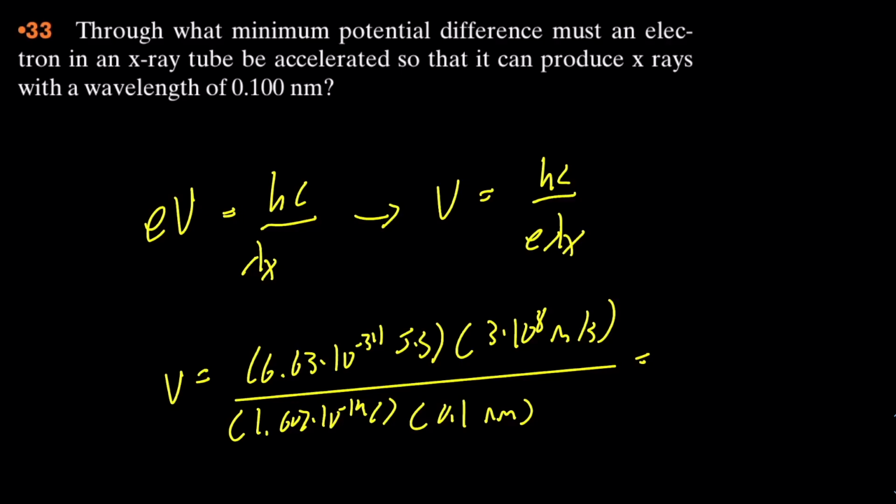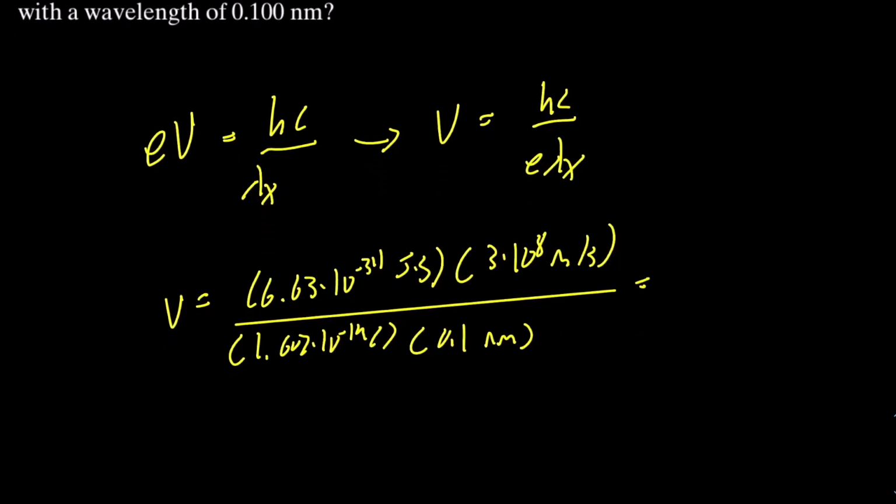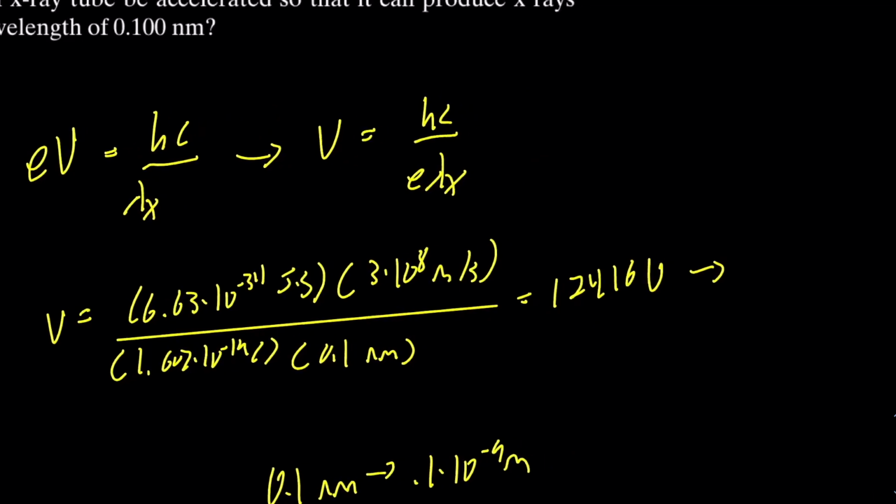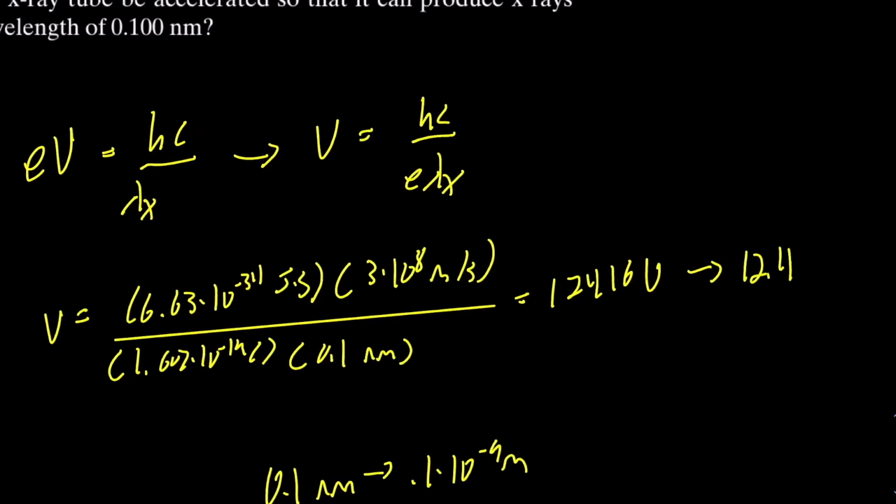You have to convert 0.1 nanometers to meters, and that is simply 0.1 times 10 to the negative 9th meters. After plugging everything in, you should get 12,416 volts, which is approximately 12.4 kilovolts.